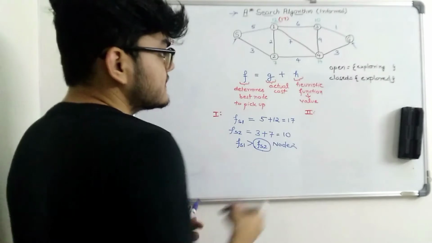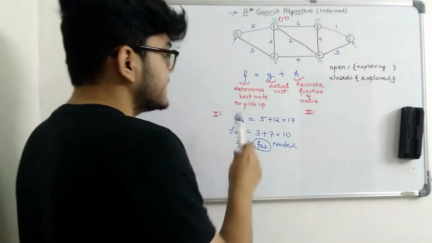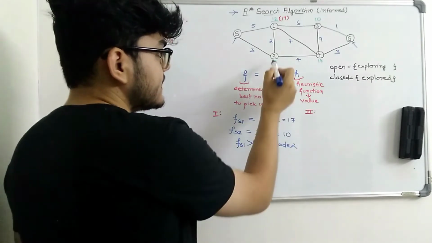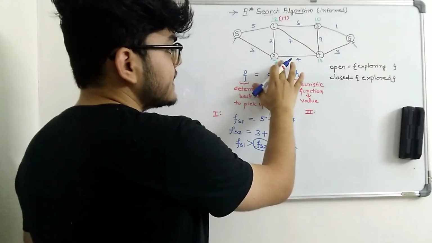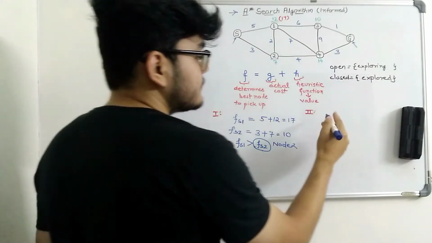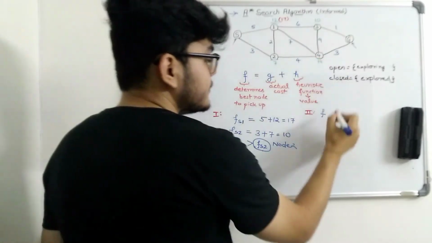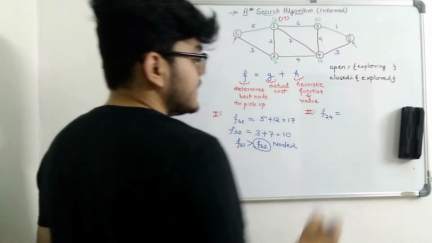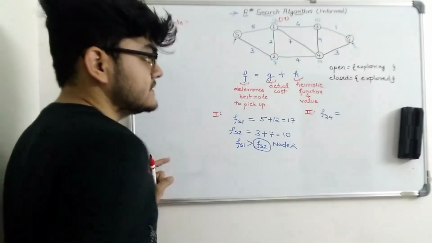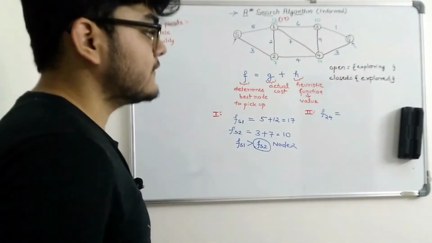Moving on to the second iteration, here I have picked the second node. From here I can reach 4. So I am going to calculate f from 2 to 4. What is the value of g here? From 2 to 4, the value of g is 4.